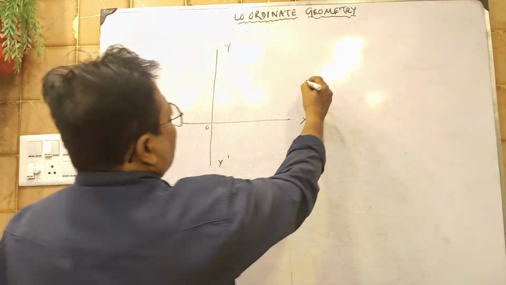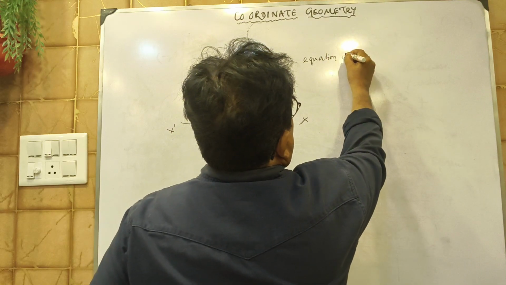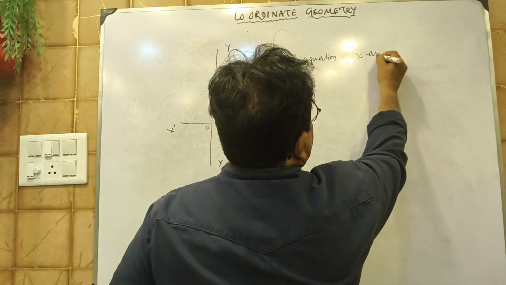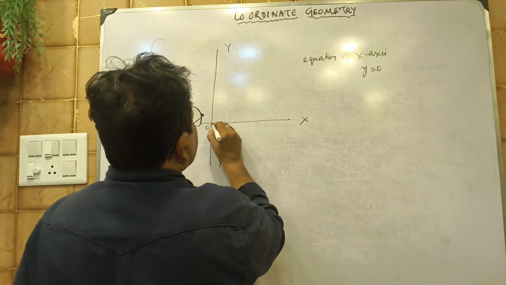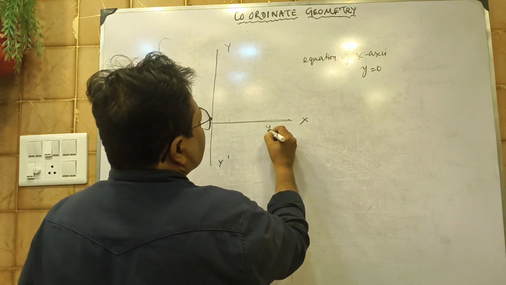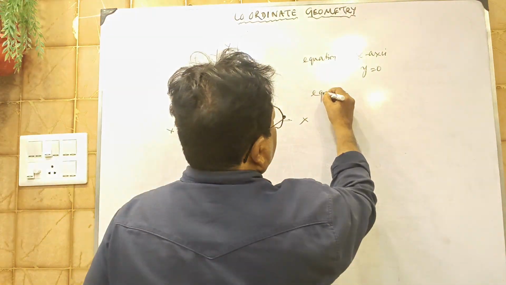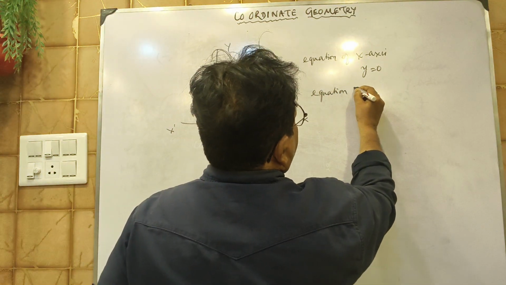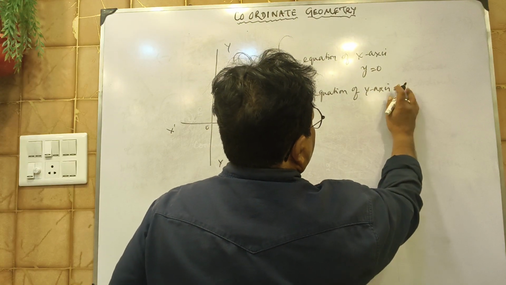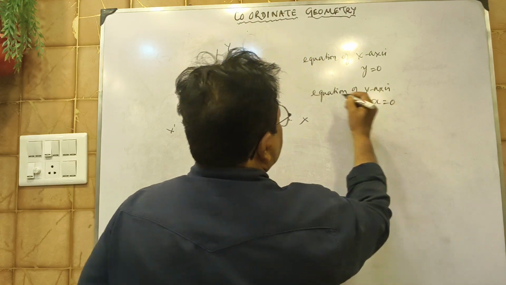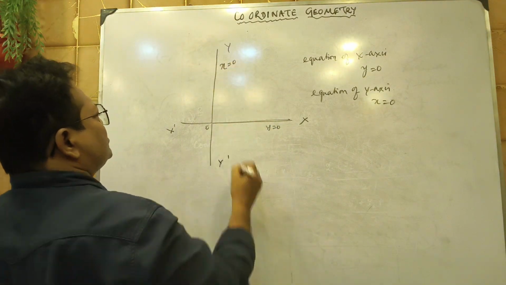What is the equation of the x-axis? Always remember, the equation of the x-axis is y equal to 0. And the equation of the y-axis is x equal to 0.